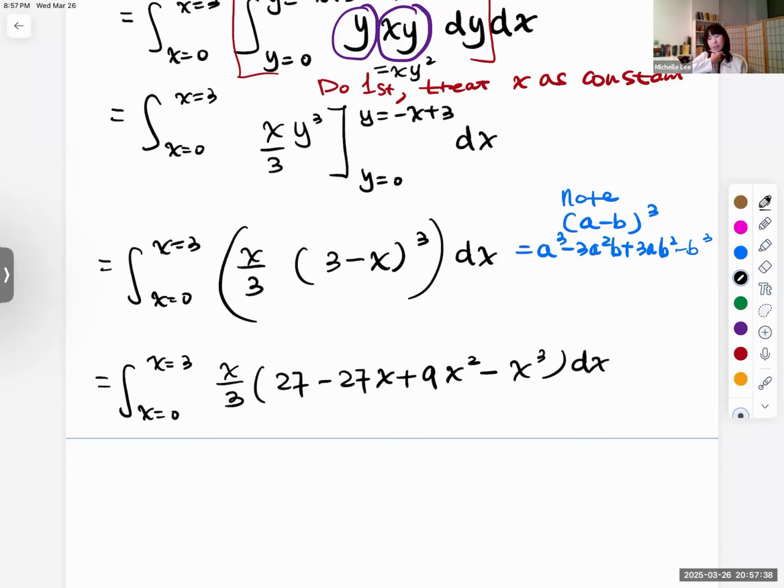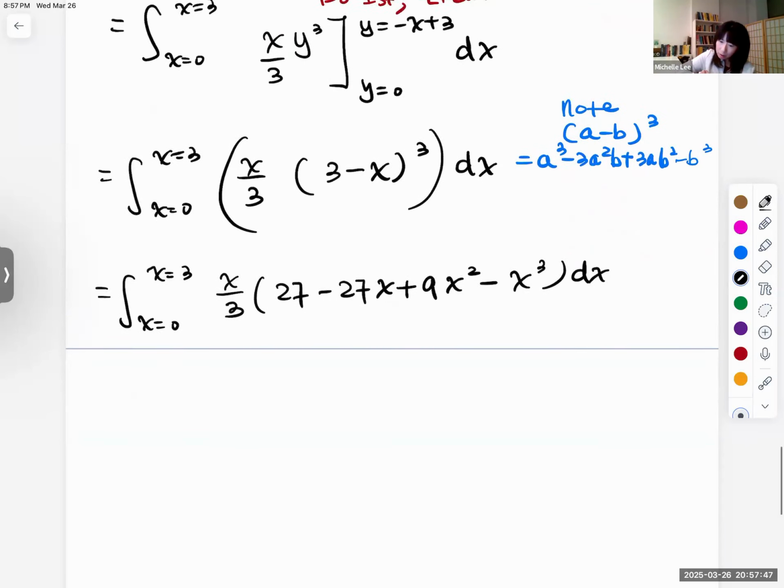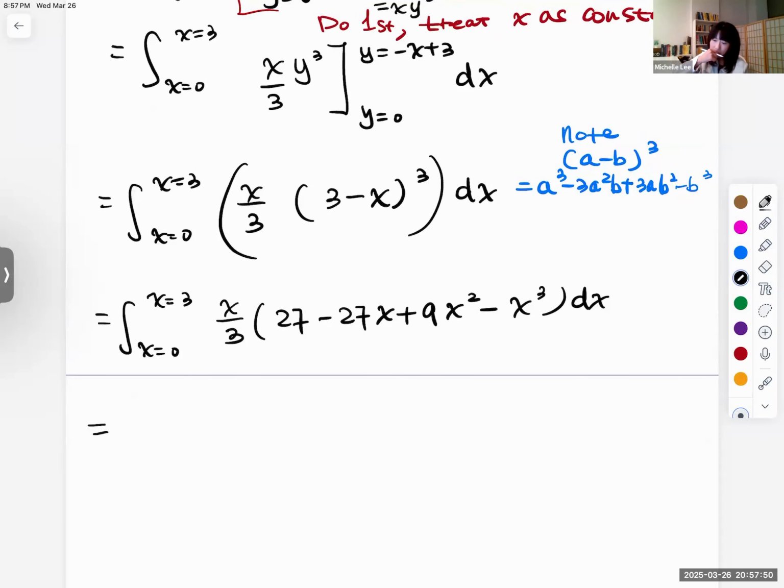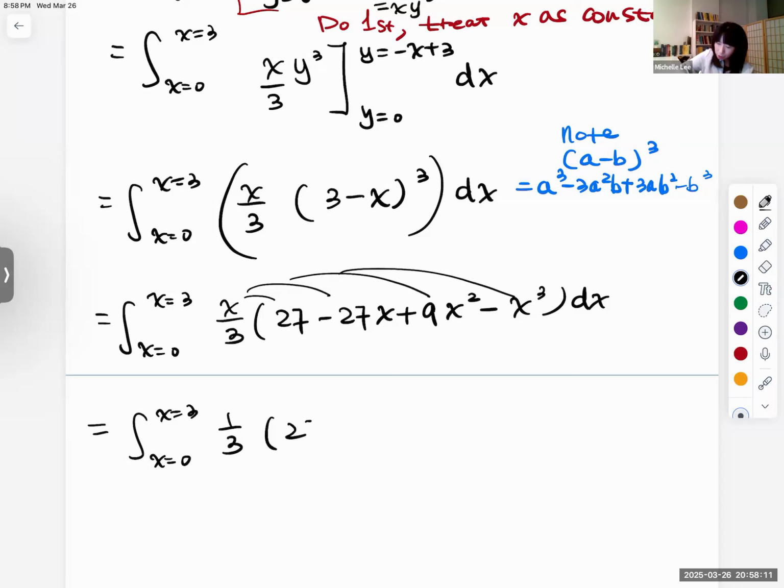Please correct me if I make a mistake. Let's distribute it first. So we have x equal to 0 to 3, 1/3 times 27x minus 27x squared plus 9x to the third power minus x to the fourth power dx.